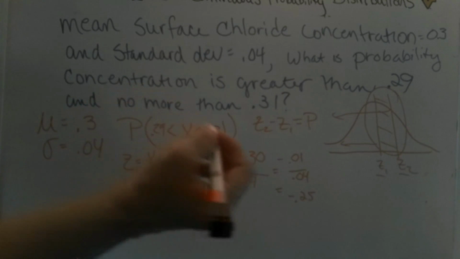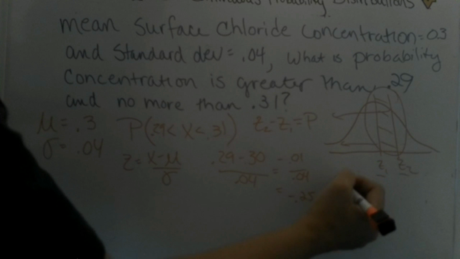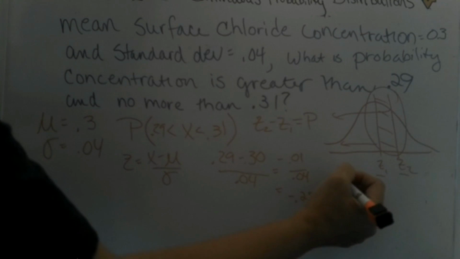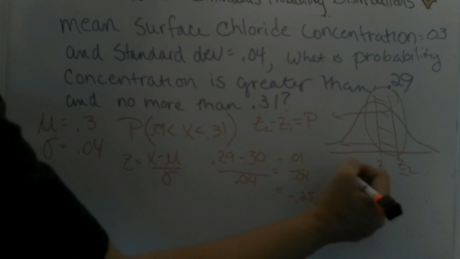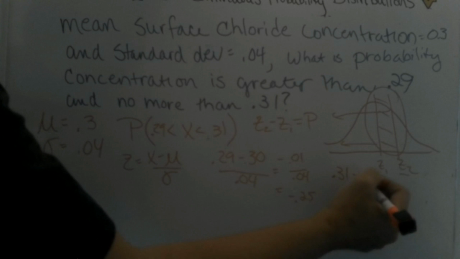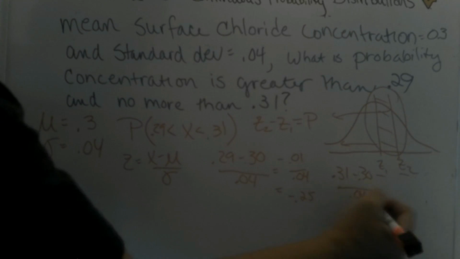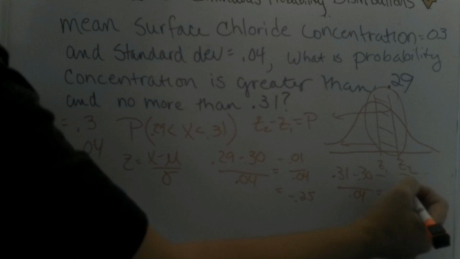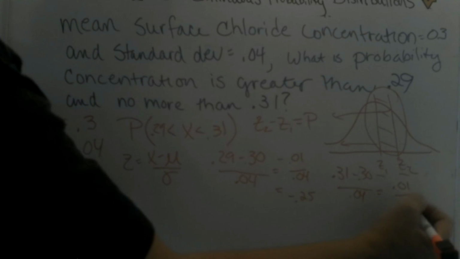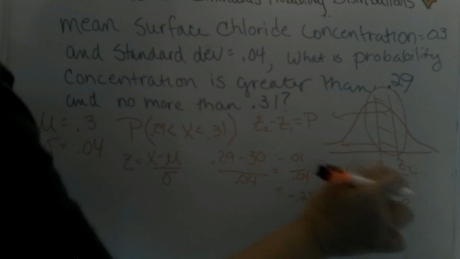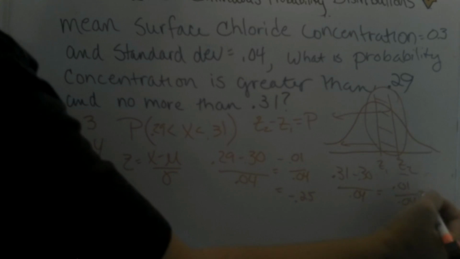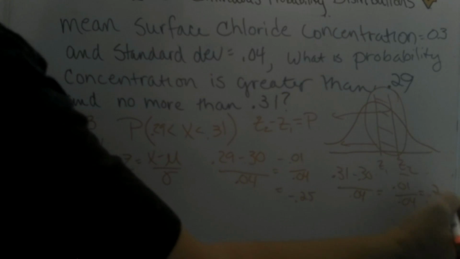Now let's do our second point: 0.31 minus 0.30 over 0.04. This is going to equal 0.01 over 0.04, so this is equal to a positive 0.25.